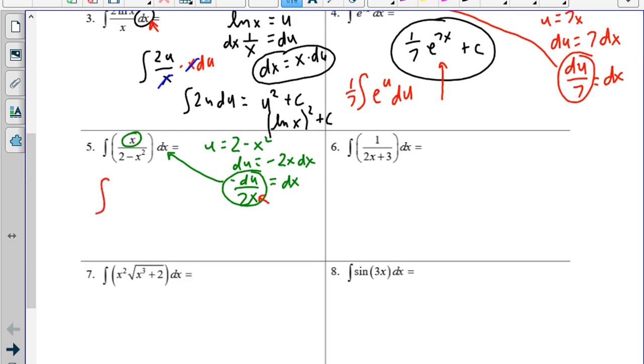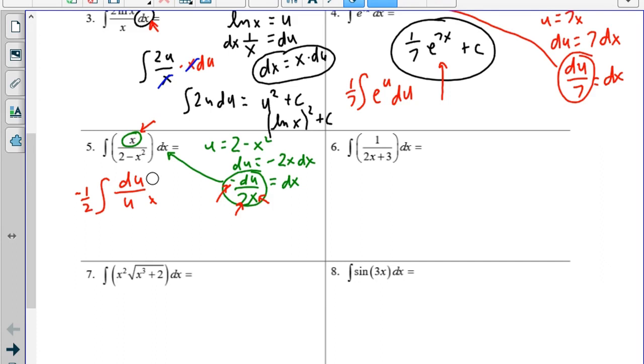So let's rewrite this. I'm replacing 2 minus x squared with u. I have a du in the numerator. I have a negative 1/2 that's going to be in there now because I have this 2 that originally wasn't in the problem and this negative sign that originally wasn't in the problem. And then the x that was up here originally is canceling out with an x that's now in the denominator.